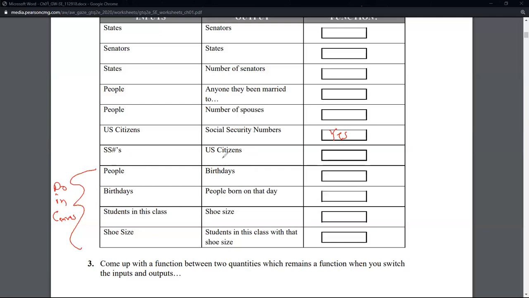Oh, well, that's Jane Austen's US citizen social security number. So yes, again. Now, what that means is, because both of these are a yes, if you swap the inputs, these are 1-to-1. Whenever you can swap the inputs and outputs, it's a yes either way. That is your 1-to-1 function.